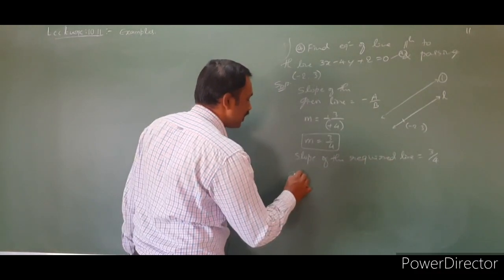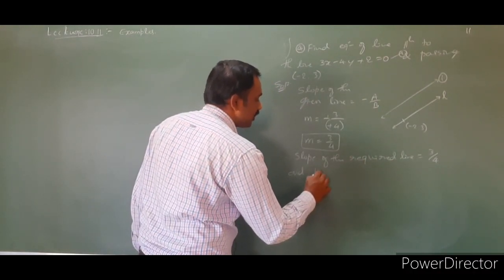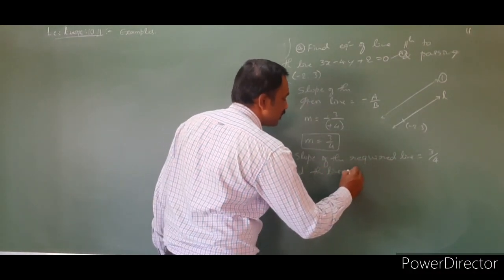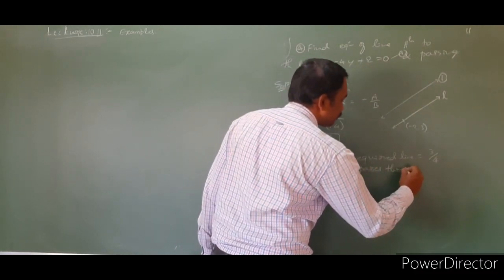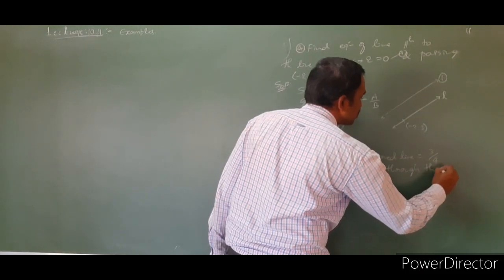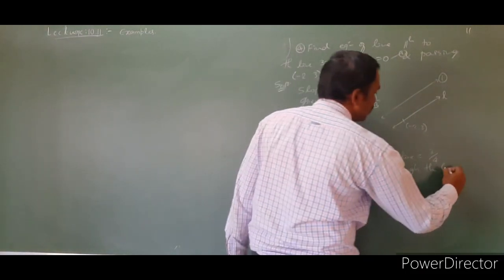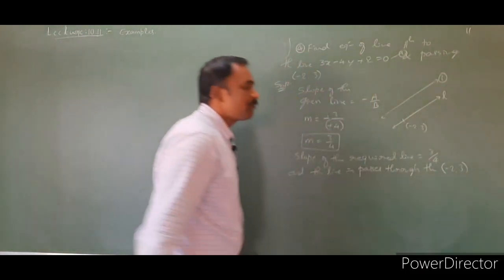We got the slope, and the line passes through the point. What is that point? (Minus 2, 3). The required line passes through the point (minus 2, 3).